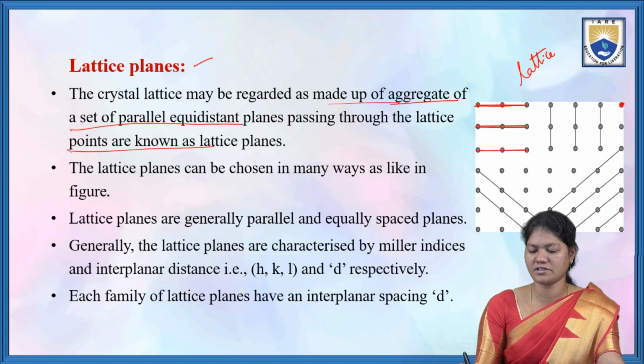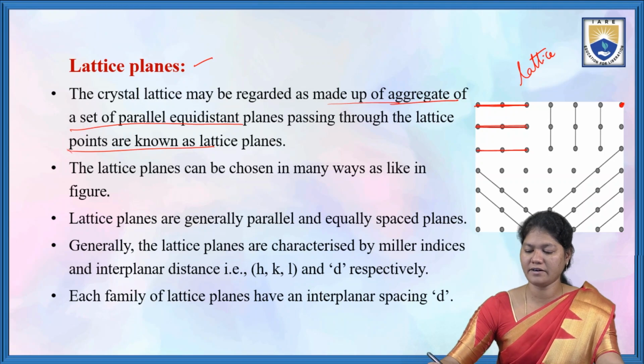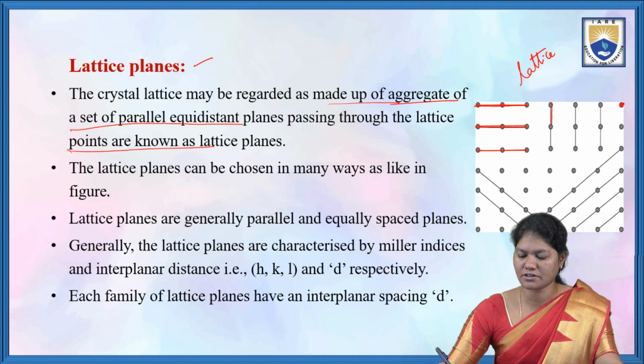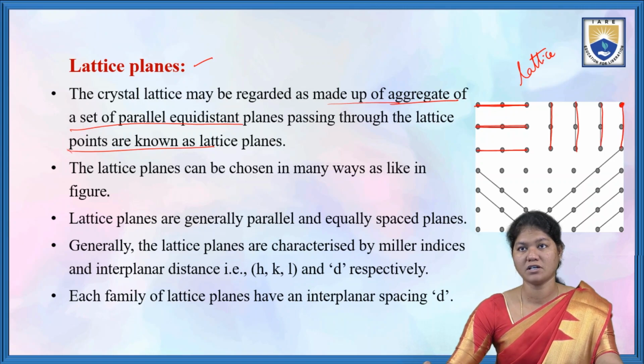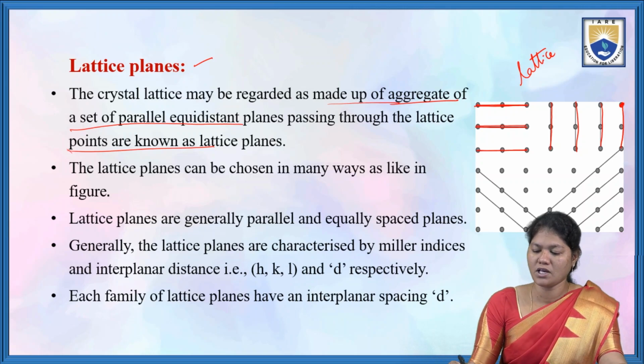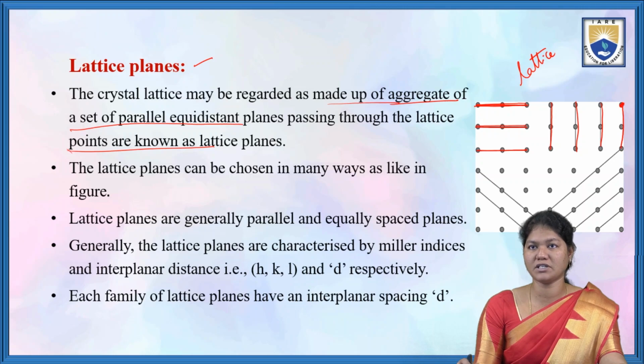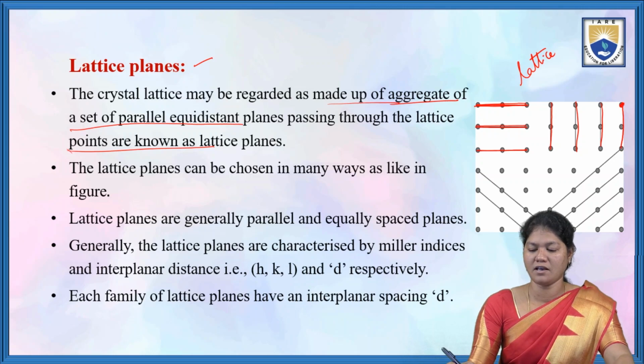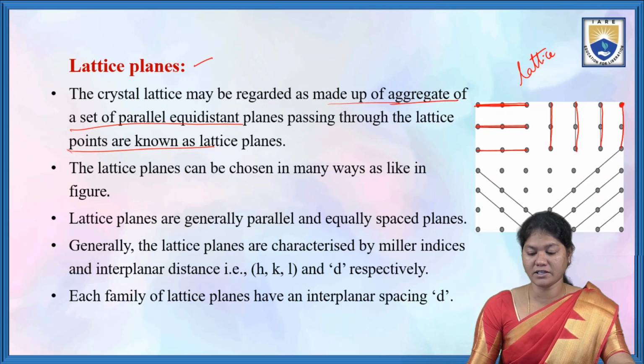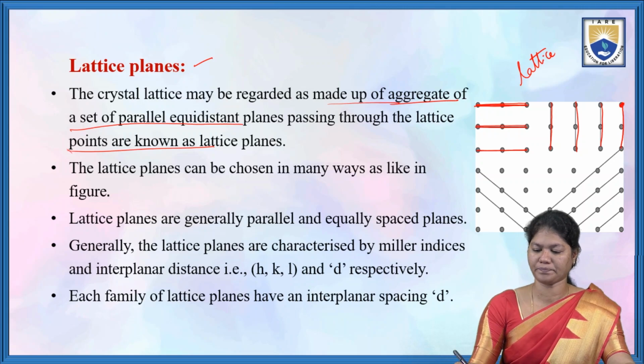In this direction there are 3 planes, and in the perpendicular direction, 1, 2, 3, we can see many crystal planes. The planes passing through the lattice points are equally distant when compared to the other crystal planes.